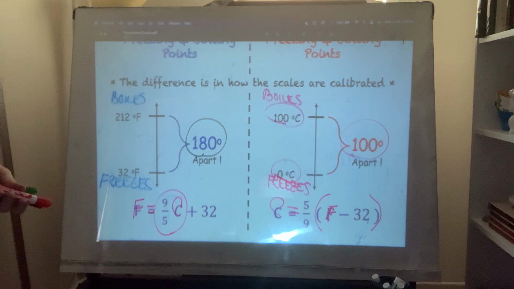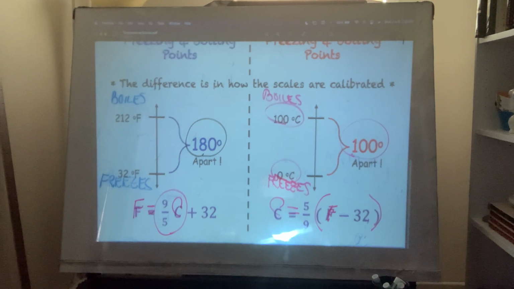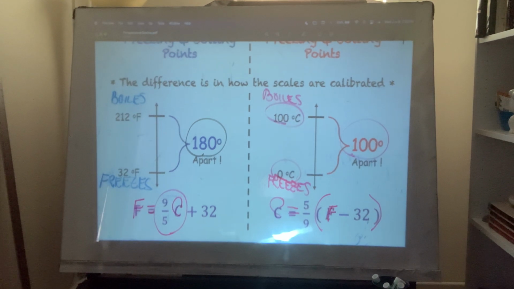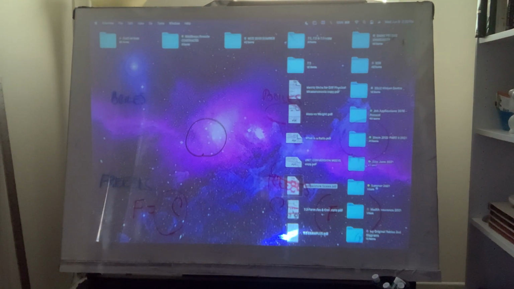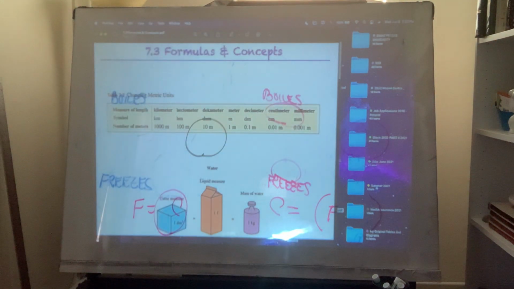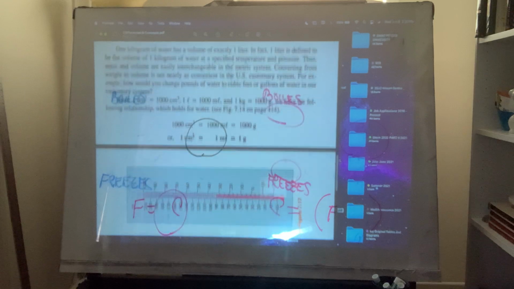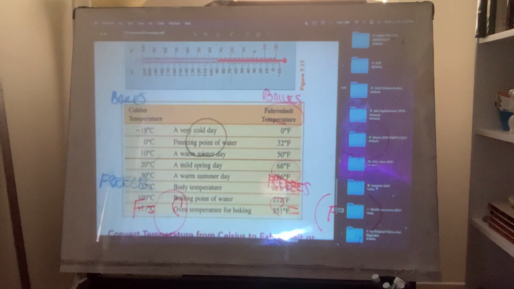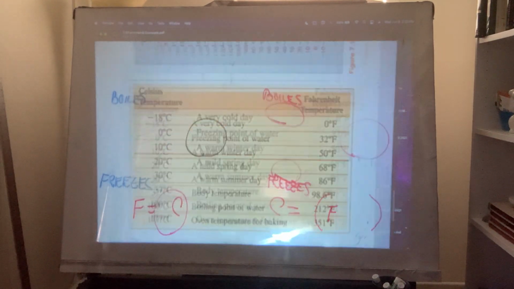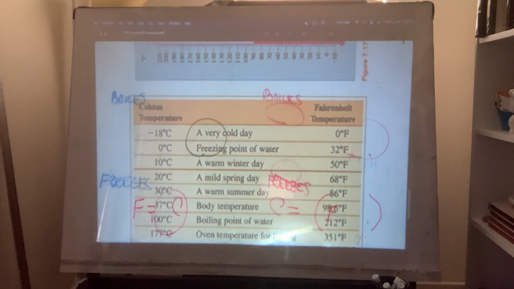Let me show you something. We'll do some examples and then I'll stop. In the material that I borrowed from the book, there are these nice tables. The same information essentially, but this is useful, I felt.